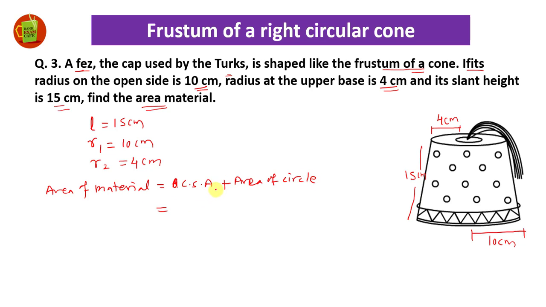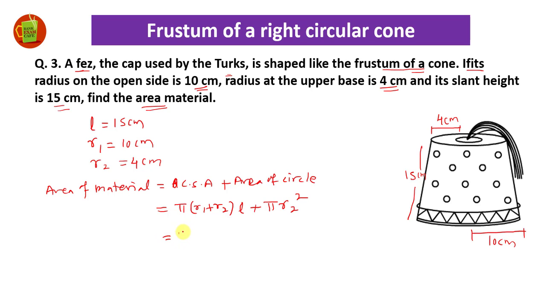So which is equal to, curved surface area is what? It is given by pi into bracket r1 plus r2 into L plus area of circle, that is pi. We are taking r1 as 10, r2 as 4. This portion is closed, so it will be pi r2 square.